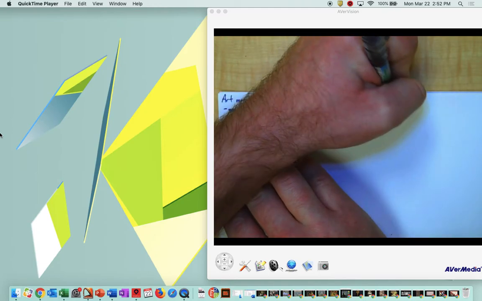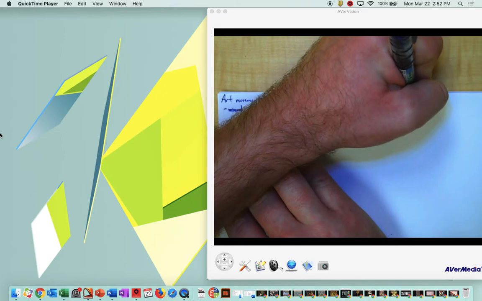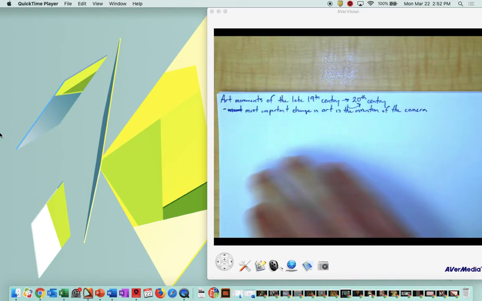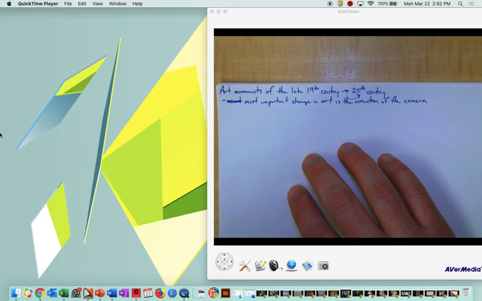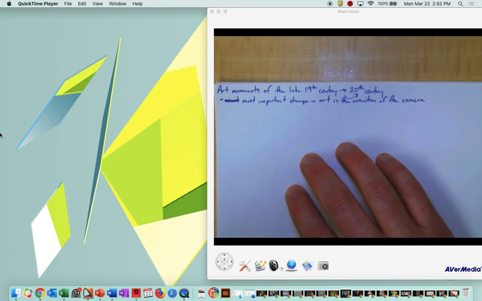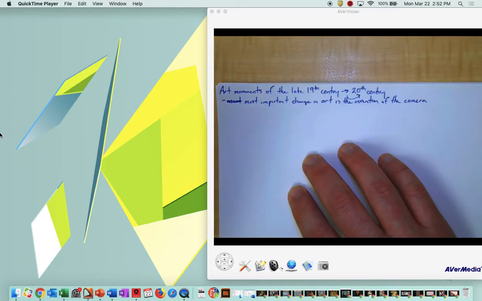The camera is the most important, or most revolutionary, invention in the art world.